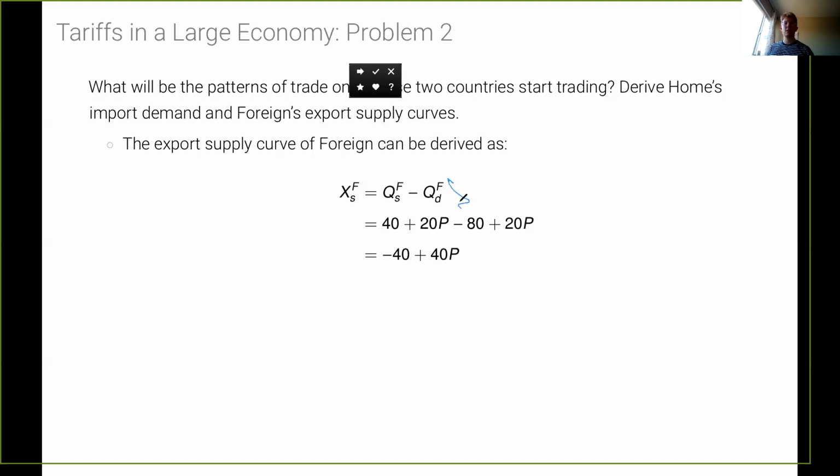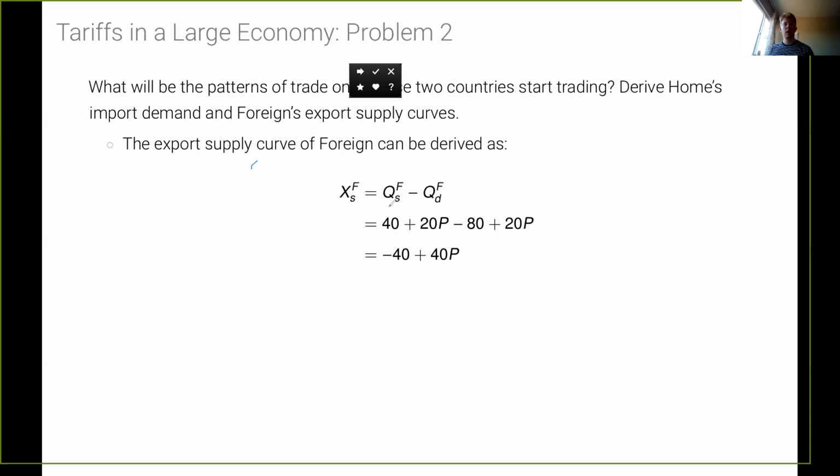This is defined as the export supply curve if and only if this is positive. If this were negative, then foreign would actually be importing corn, and so negative one times this would be the import demand curve. But anyway, what we want to do is take the amount that foreign supplies of corn minus the amount that it demands of corn at a given price.